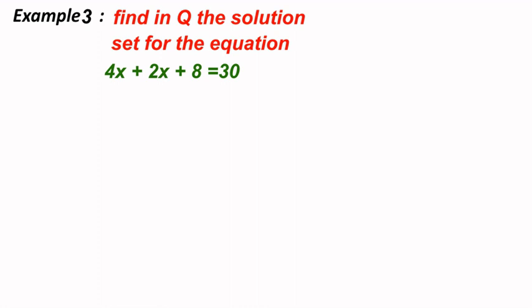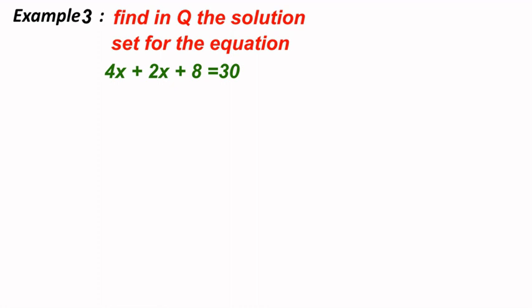Example 3. Find in Q the solution set for the equation 4x plus 2x plus 8 equals 30. You see that there are two terms that contain x, 4x and 2x.